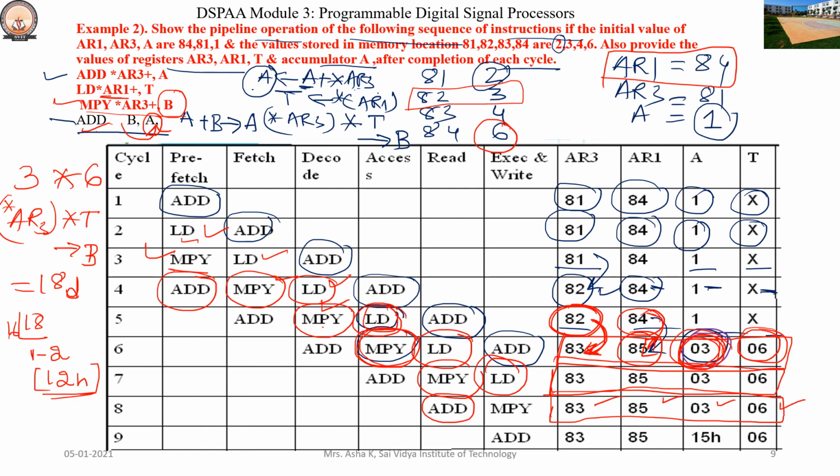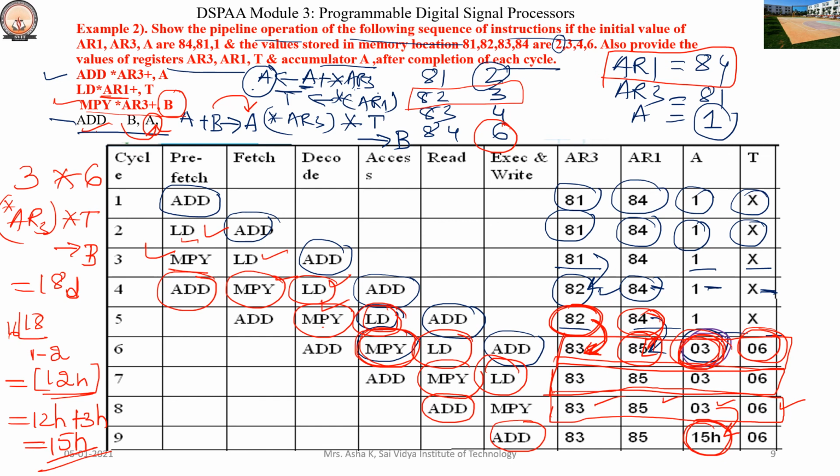When the add operation has come to the execute and write phase, the 3 has been changed to 15. How? Because of the addition A plus B, stored into accumulator A: 12 hexadecimal is added with 3 hexadecimal. The final answer is 15 hexadecimal, and it is stored in the accumulator A register.